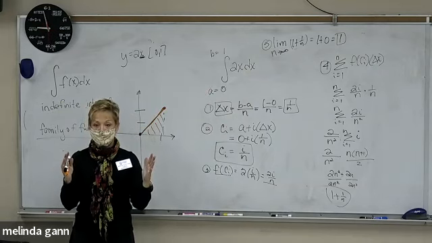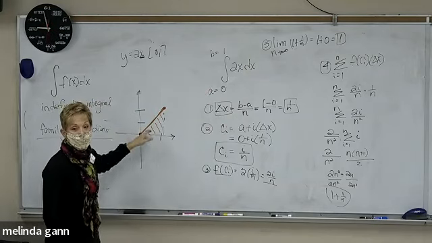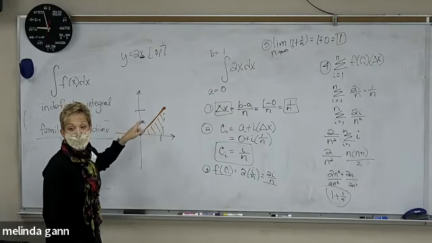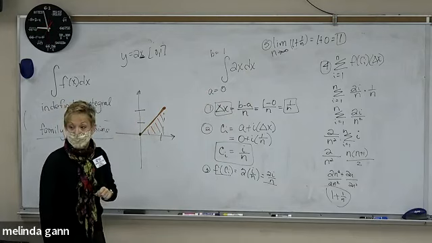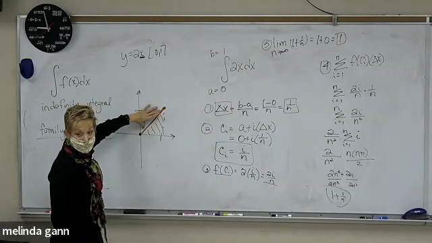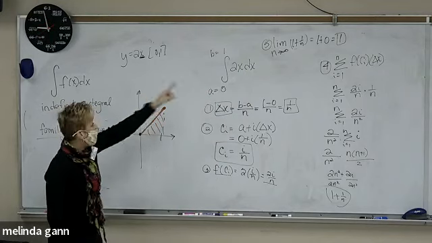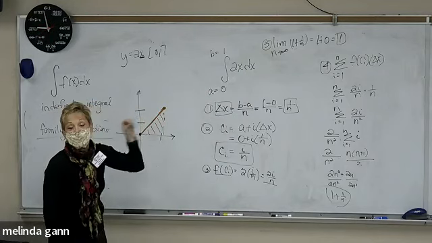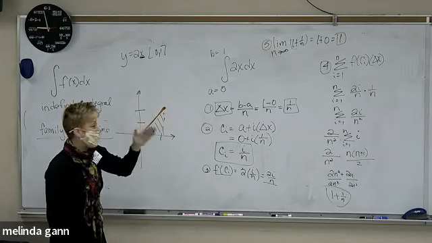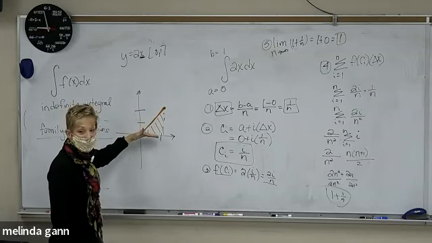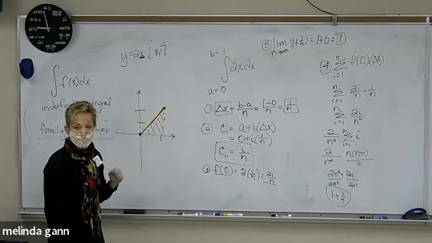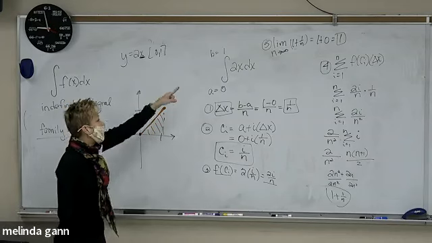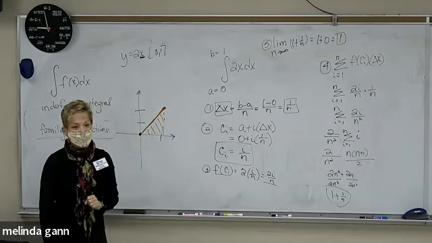Why? Because this curve is non-negative. If this curve is non-negative, then that definite integral is going to be the same thing as the area from that curve down to the x-axis.